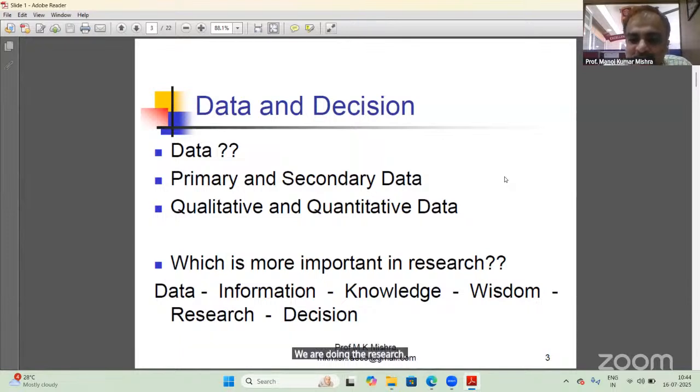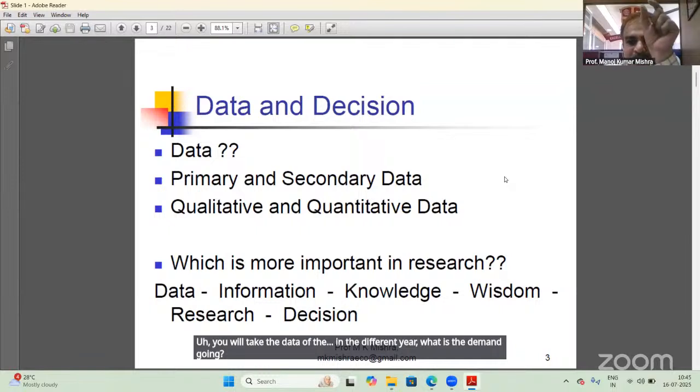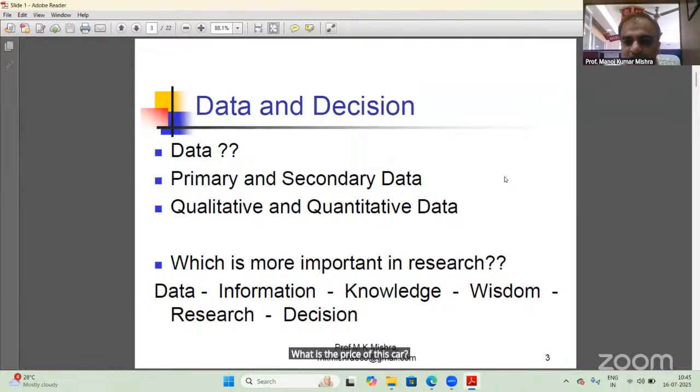You are doing the research. Then in this case, you will take the data of different years: what is the demand of this car, what is the price of this car, what was the price of other cars, complementary goods. Suppose there are 4 substitute goods. So what will you do?